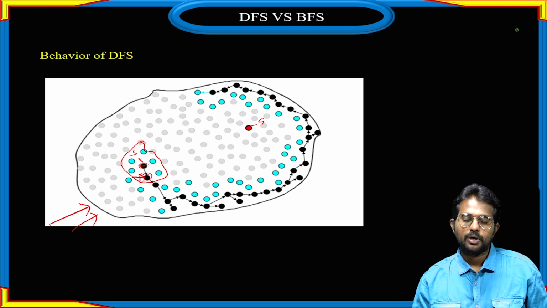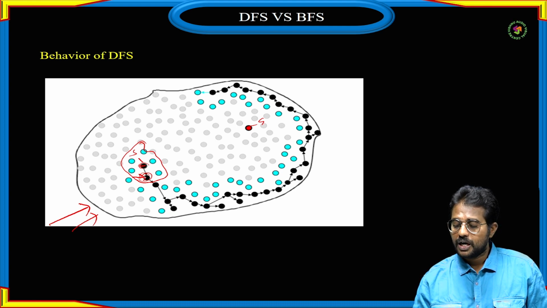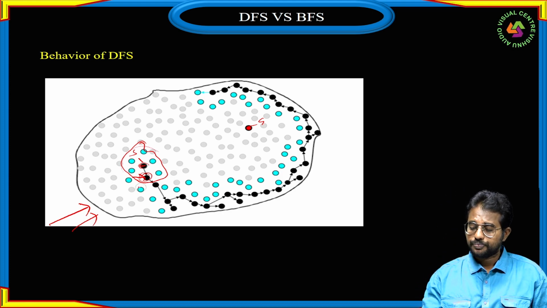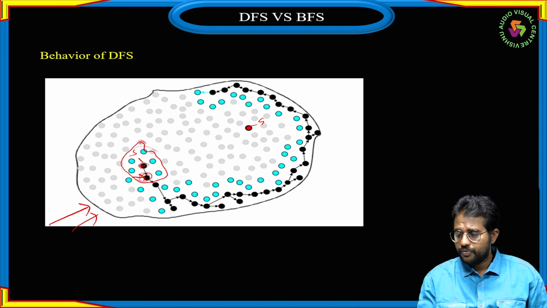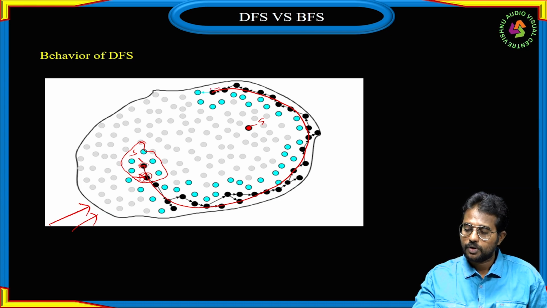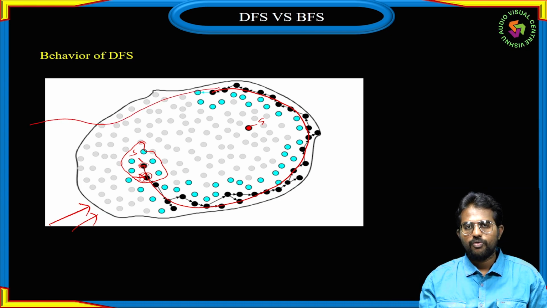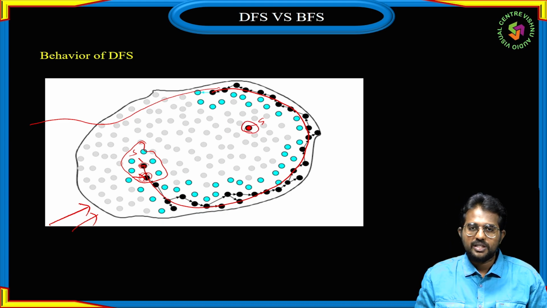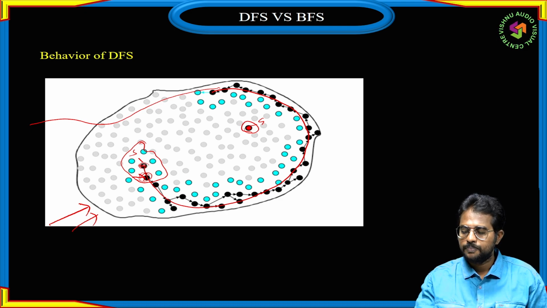Next, based on the property of DFS, the successors or reachable states from this particular state will be examined first, other than these 5. Because of this, the searching will be carried out like this, or it may be deviated, as it is an infinite search space. Our goal node may be present in one particular direction, and based on DFS, this direction may be deviated.